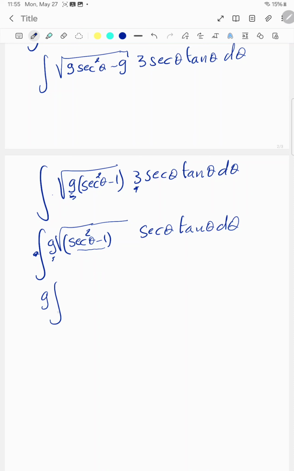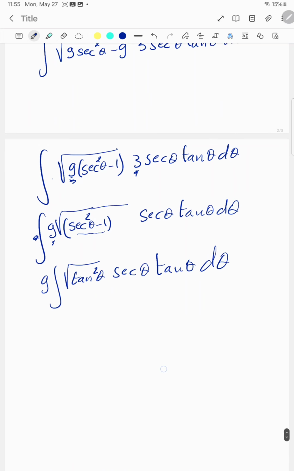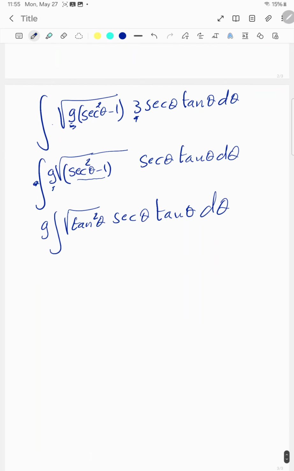So it becomes 9 square root of tan square of theta, sec of theta tan of theta d theta, and the square root of tan square of theta is equal to tan of theta. So 9 integral.